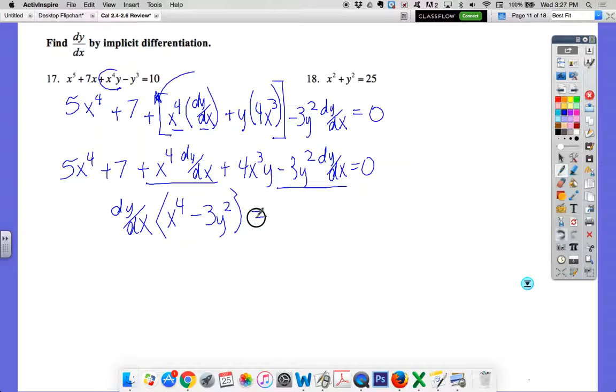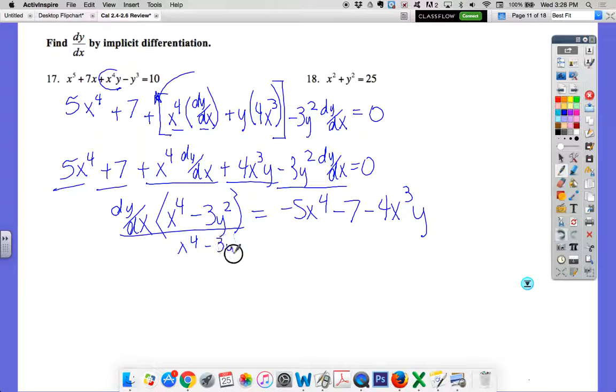And then on the other side, the other terms need to go. And when they go, their sign will change. So negative 5x to the fourth minus 7 minus 4x cubed y. Okay, now I've got to divide through by x to the fourth minus 3y squared.